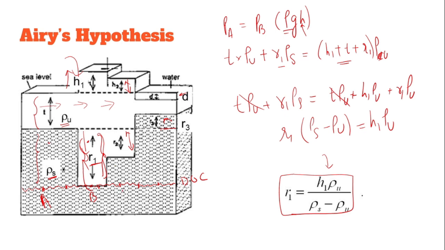So you can simply equate the pressure at point C to that of A or to that of B also, and you can calculate R2 in that case. You can similarly do that for this thickness R3, which is actually the anti-root, in which there is a depth D of water. It can be an ocean, it can be any lowland area, and you can calculate simply the R3 for that. So I hope I made this thing clear to you.